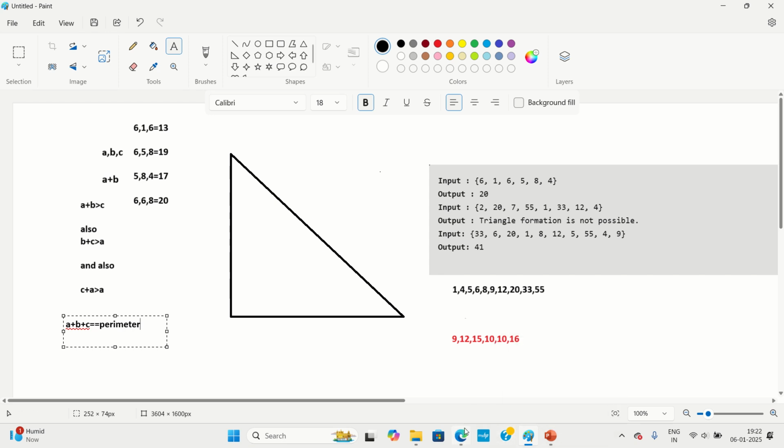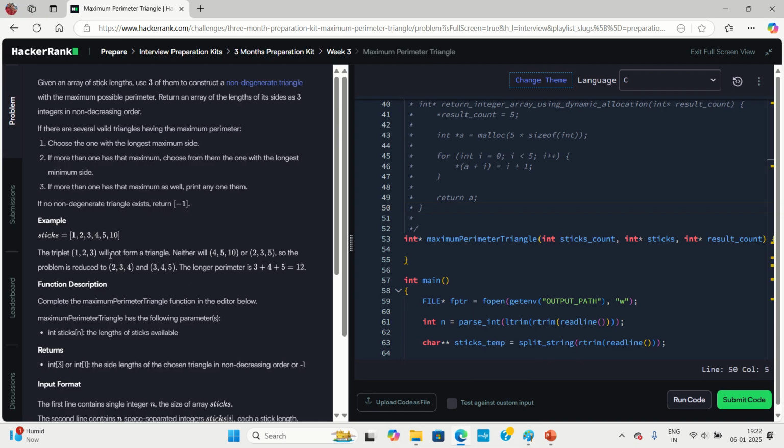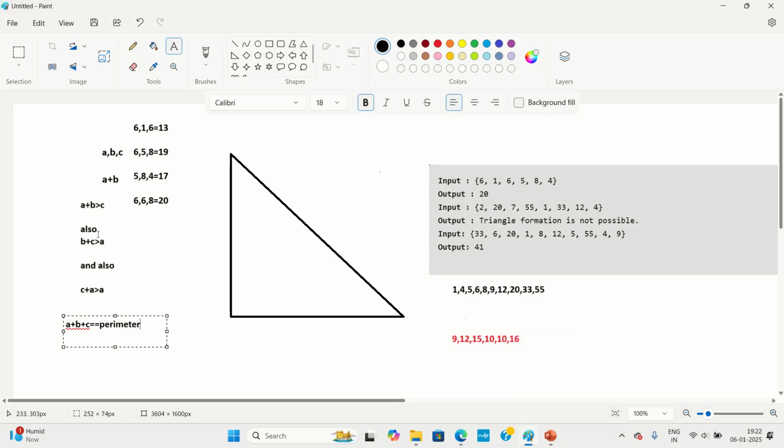So say in this case also, if we add 2 plus 3, that is 5, greater than 4. 3 plus 4, these are another two sides, so 7, is 7 greater than the third side, that is 2? Yes. And also 2 plus 4, that is 6, 6 is greater than the third side, that is 3. So the three conditions here are fulfilled: A plus B greater than C, B plus C greater than A, and also C plus A greater than B. Sorry, this is a typing mistake.